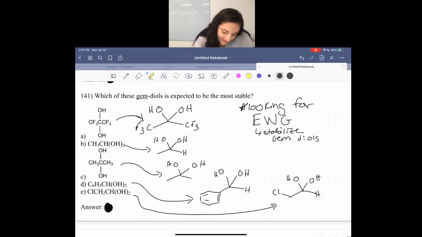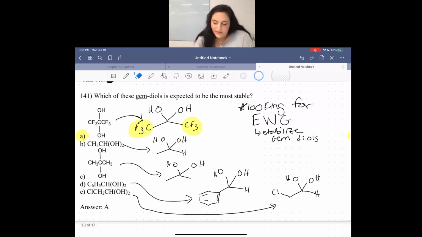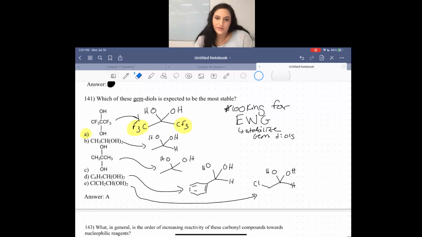A, yes. So CF3 is very electron withdrawing, so it's going to be the most stable gem diol since it has the most electron withdrawing group. This is just one of those conceptual ideas.